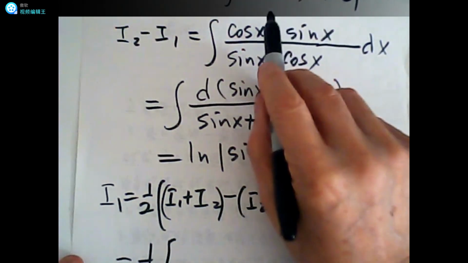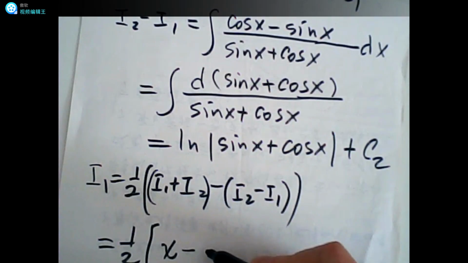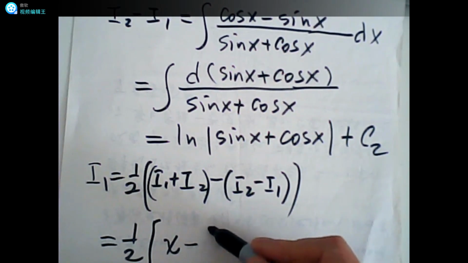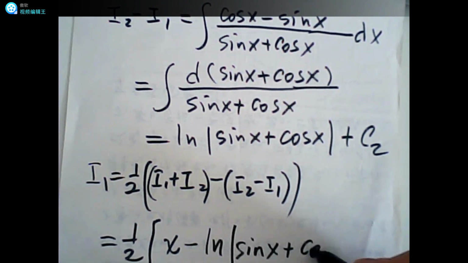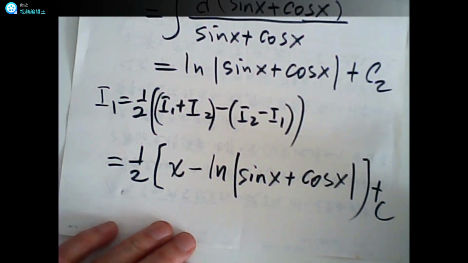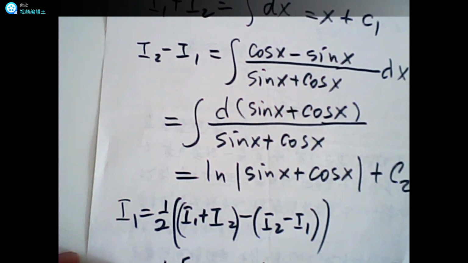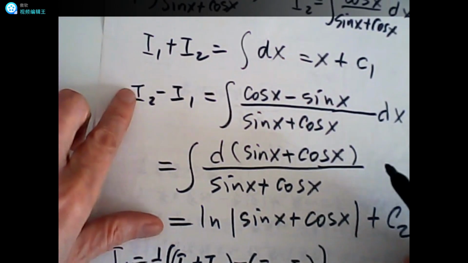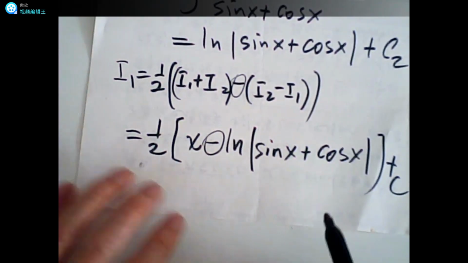I1 plus I2 is x, right? So I1 is one half of x minus log sine x plus cosine x plus c. I2 is okay. So it's nicely done.